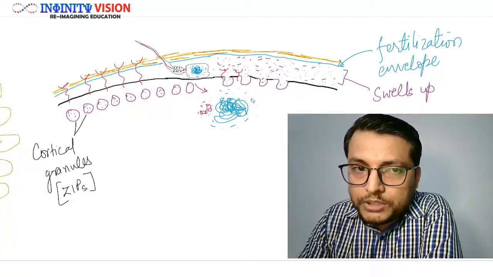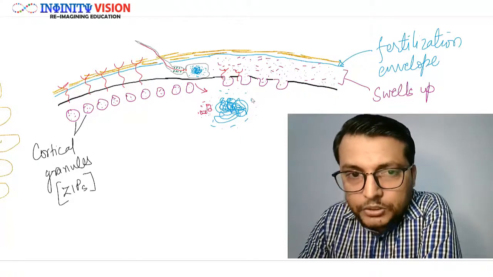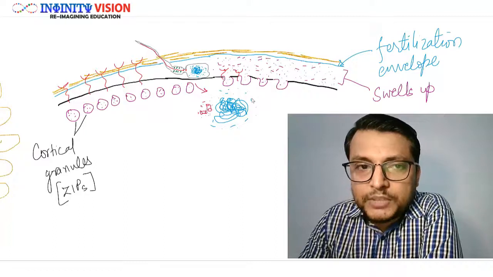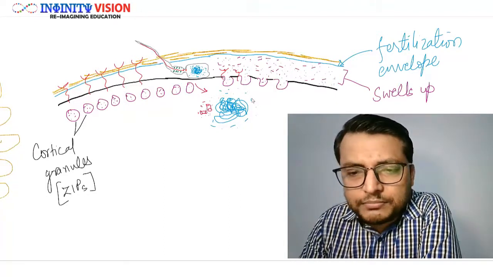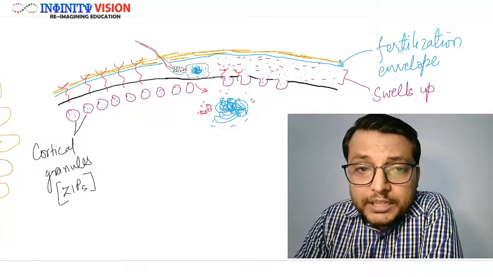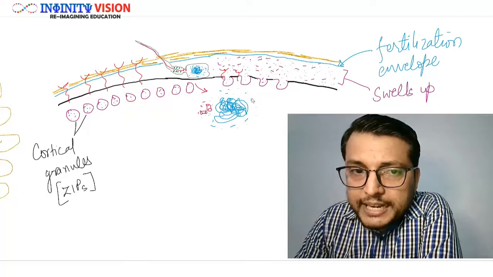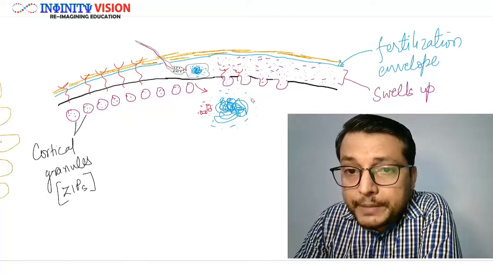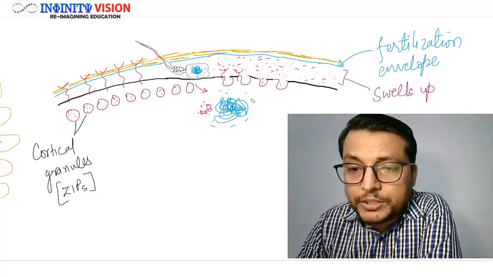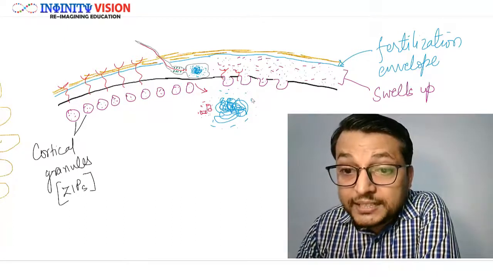So this blue line is zona pellucida. Once it entered through this zona pellucida, only this head part has entered, the tail and remaining part remain outside. Now this membrane of the sperm is in direct contact with the cell membrane of the secondary oocyte. Correct? So the black one is the cell membrane or plasma membrane of the secondary oocyte.